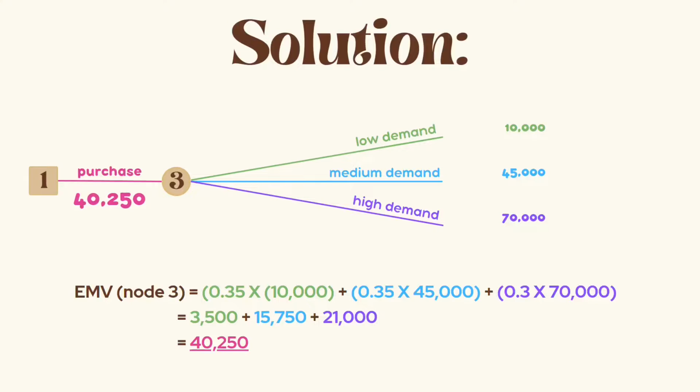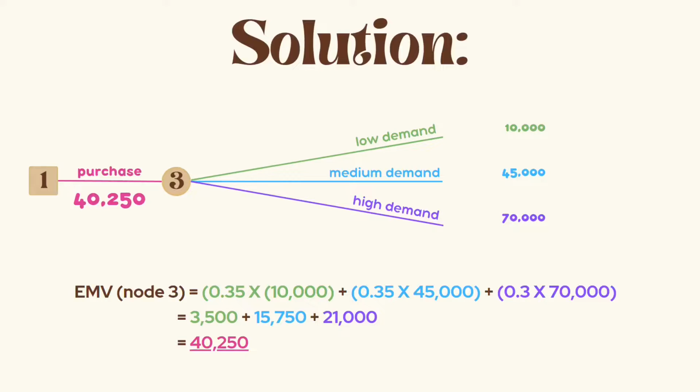For low demand, it equals 3,500. For medium demand, it equals 15,750, and for high demand, it equals 21,000. So 3,500 plus 15,750 plus 21,000 equals 40,250.